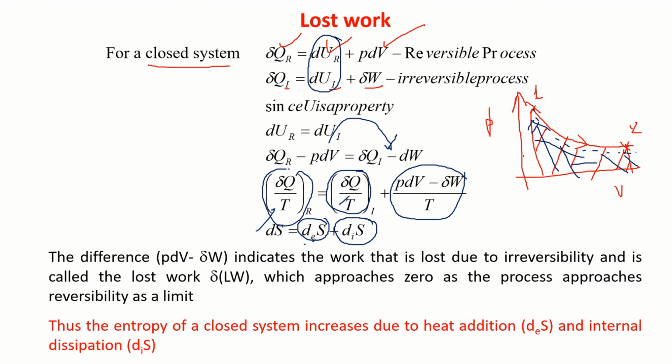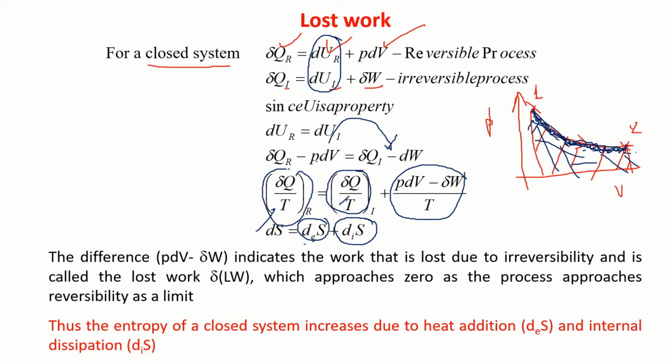Now PdV work, you can very clearly see that this is the red colored one, PdV work, and delta W work means this blue color one. So then what happens? This much work is lost. So when the system executes an expansion process, say this much area, if you calculate, this much work is lost.